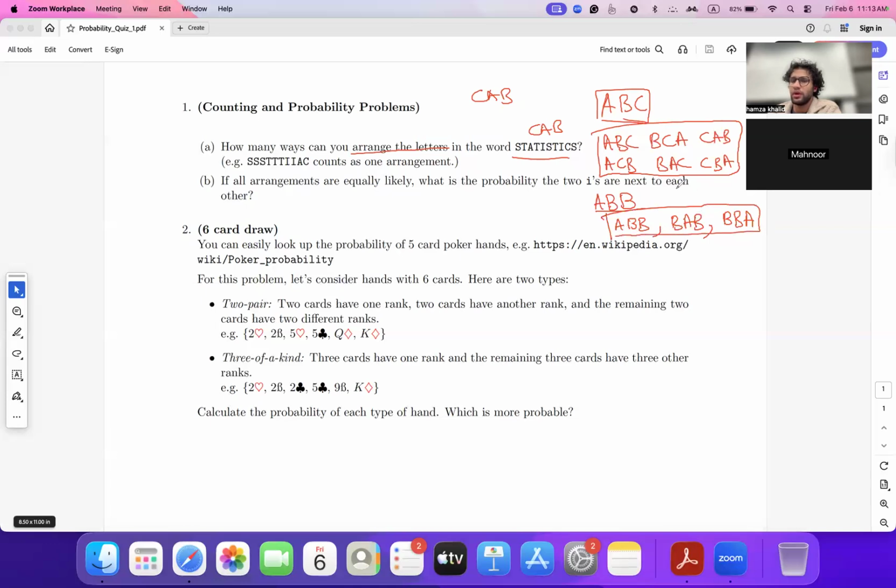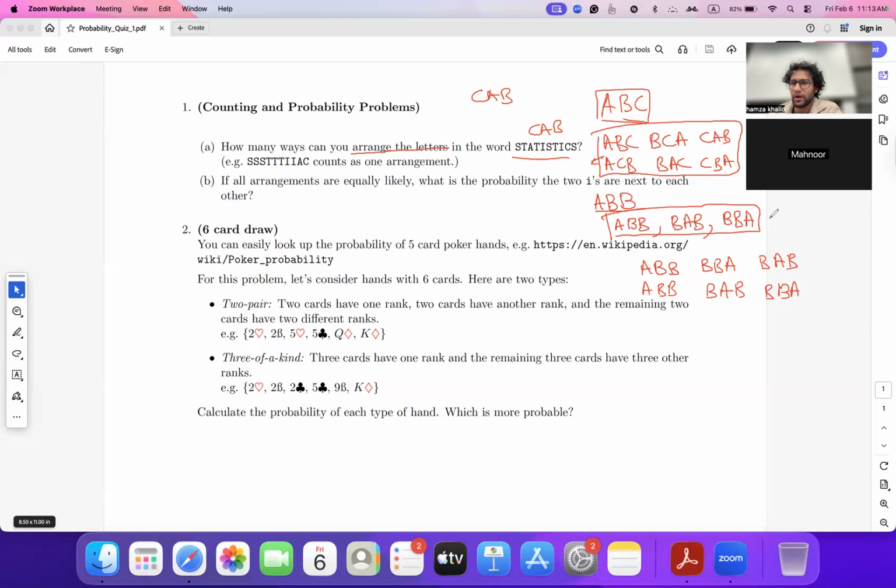Now, if I replace B with C in this grouped set, what do I get? ABB, BBA, BAB, and so on.